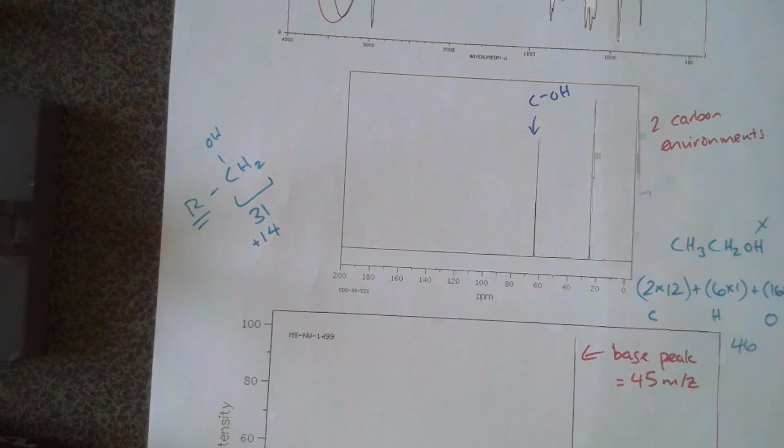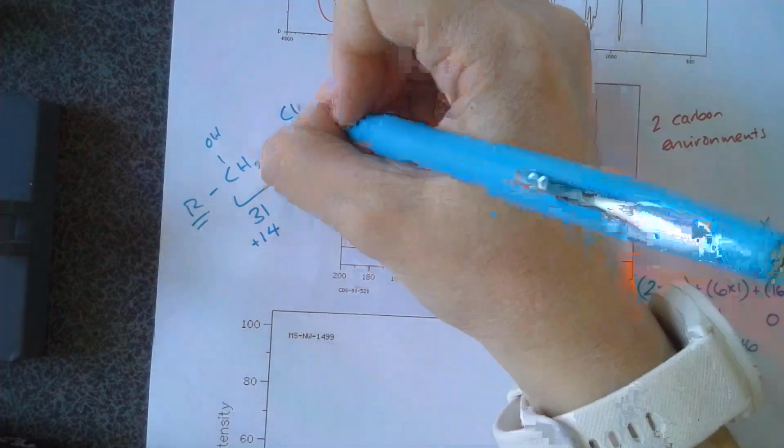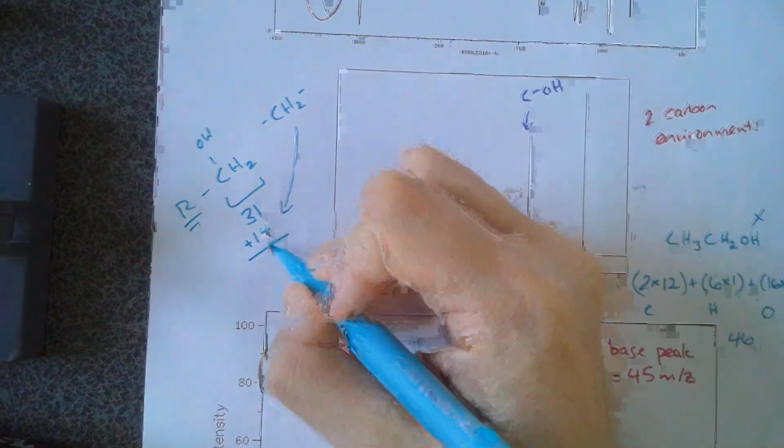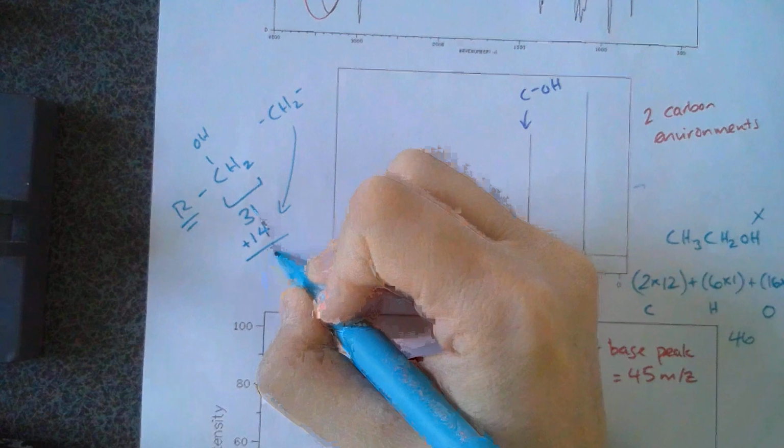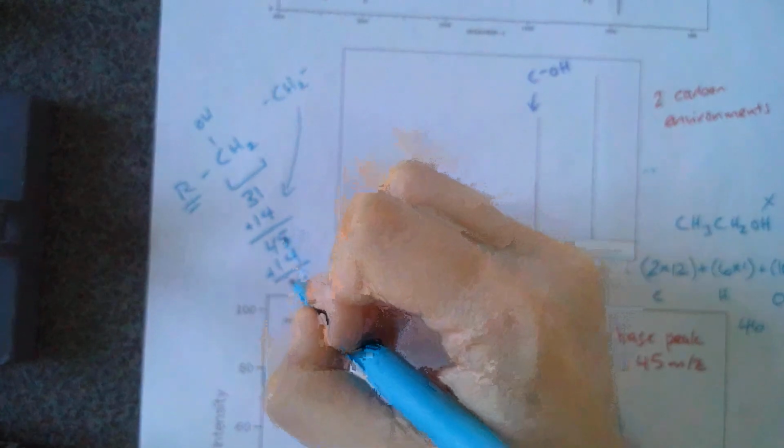Because each time I add 14, I'm adding a CH2 inside. So if I add 14, I am at 45, which we know is not right. If I add another 14, I'm at 59, which is 1 away, and then I end it with the 1 hydrogen. I'm at 60 now.